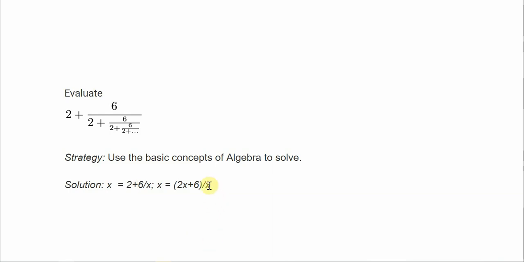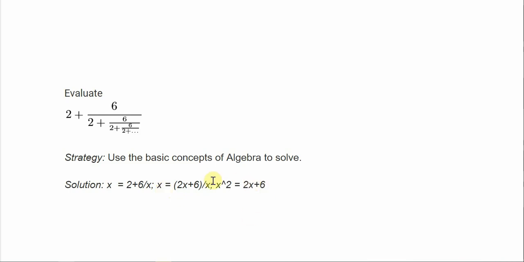So now let's bring this x over here. Some people say you just multiply x on both sides, but let's just do what's most understandable for you. So here you get x squared is equal to 2x plus 6.